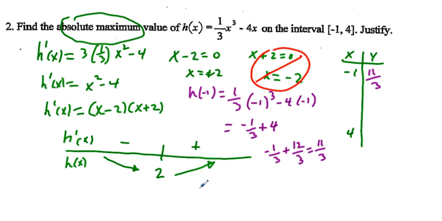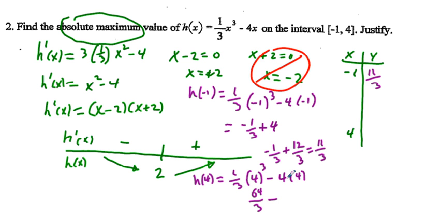Next, we're going to try this value 4. h of 4 is equal to 1/3 times 4 cubed minus 4 times 4. 4 cubed is 64, so that's 64 thirds, minus 16, 4 times 4.